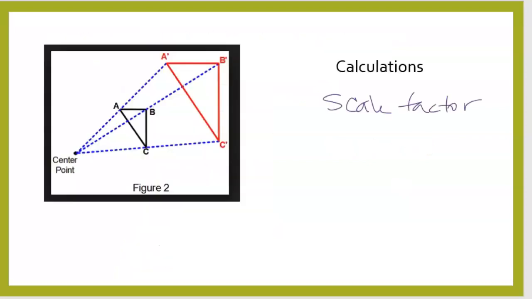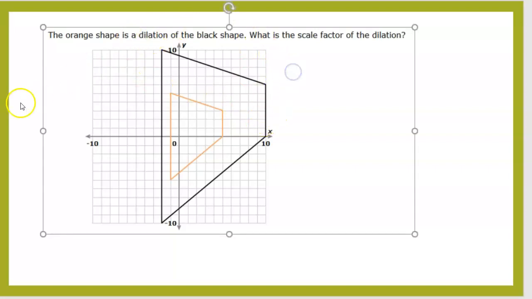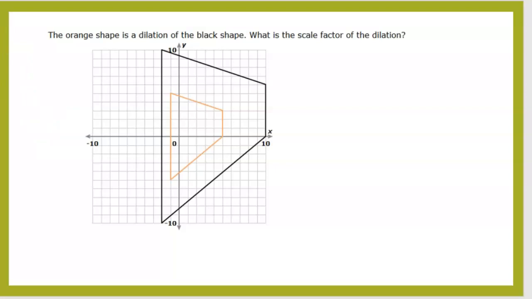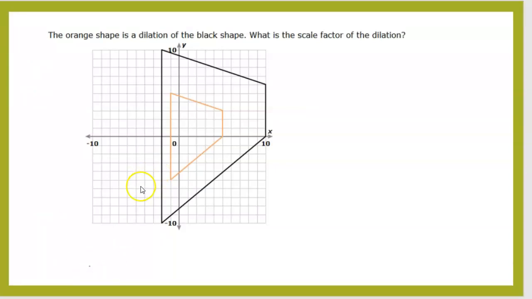Let's try another one. The orange shape is the dilation of the black shape. So the black shape is the original. It says the orange shape is a dilation of it. So A, B, C, D. You can see the orange shape got smaller.